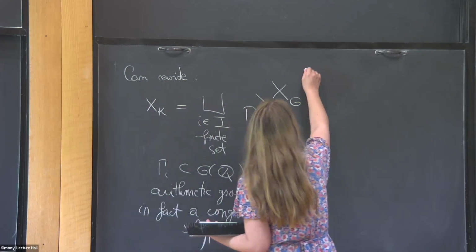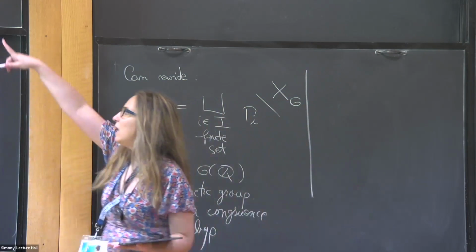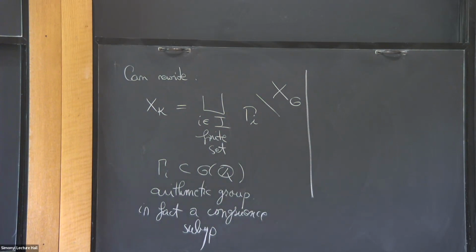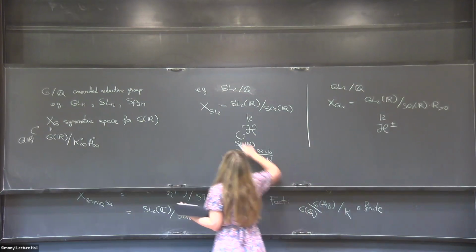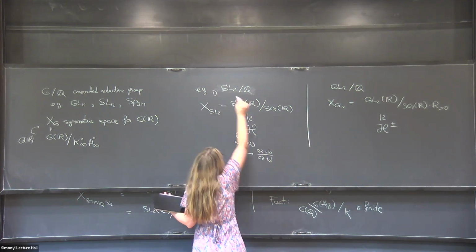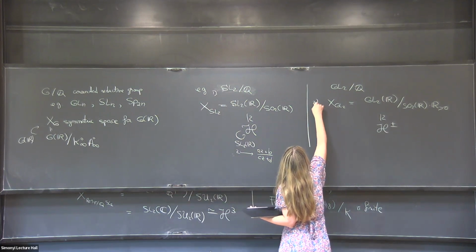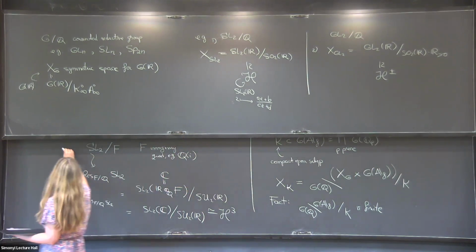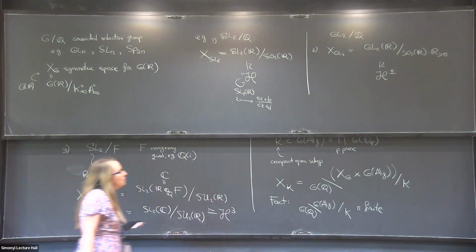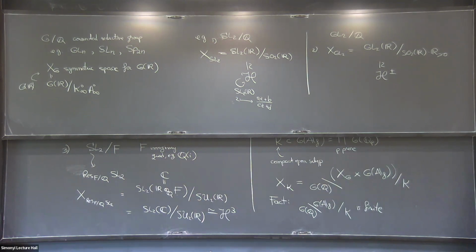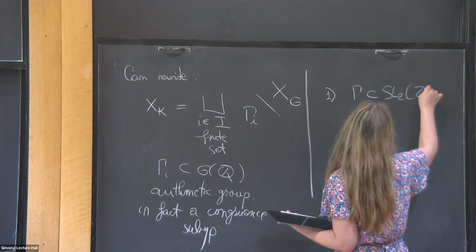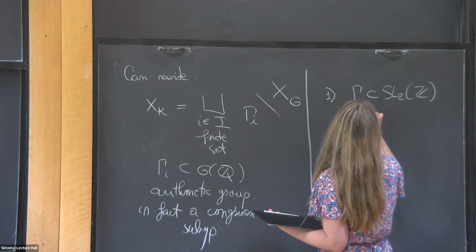Okay, so examples. I come back to my first example over here. This is 1, this is 2, this one is 3. And so in example 1, you end up with Gamma inside SL2(Z), a congruence subgroup.